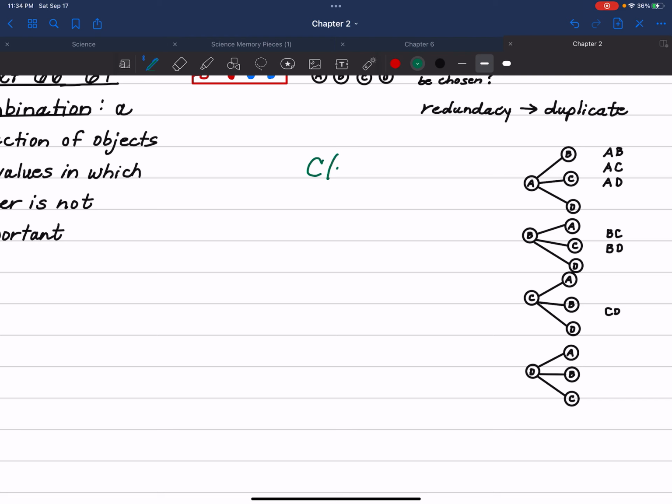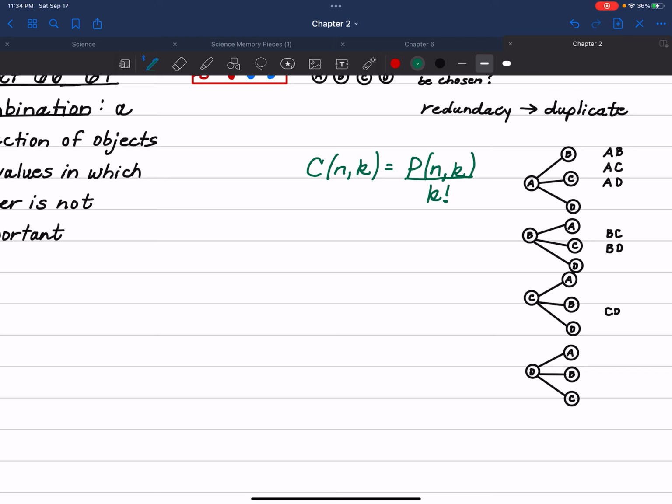C of N, K, that looked familiar, equals P of N, K over K factorial. Okay, that looks horrible.